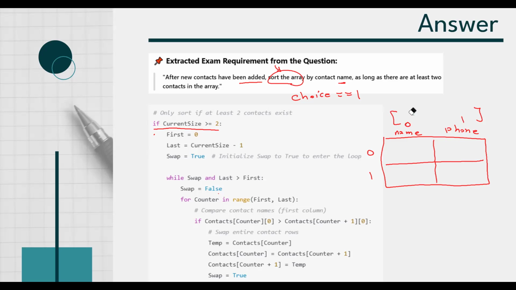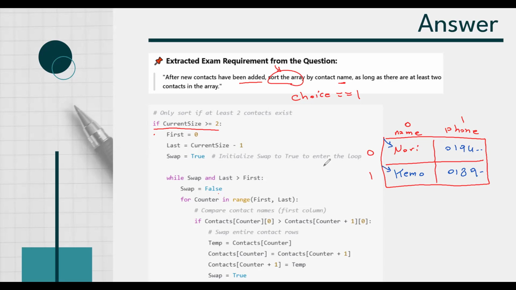So here, you will notice we put the names here. Imagine this is a phone number and this is the names. Okay, so we will sort this by the name.